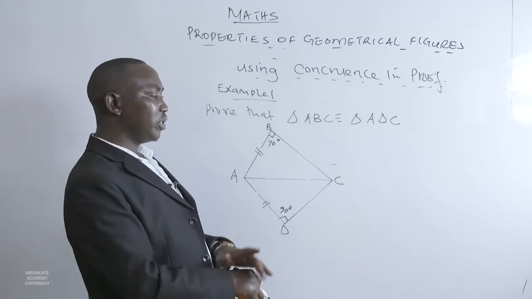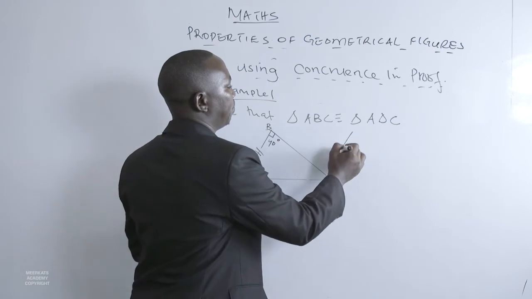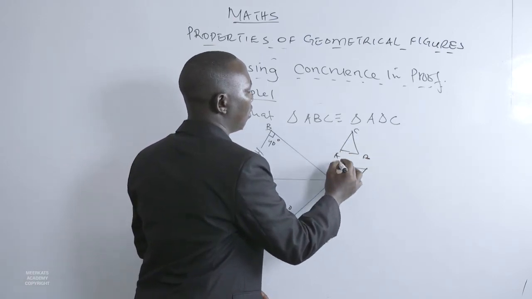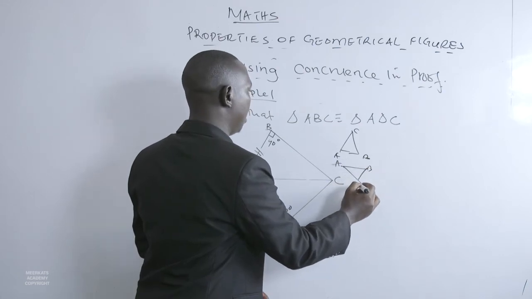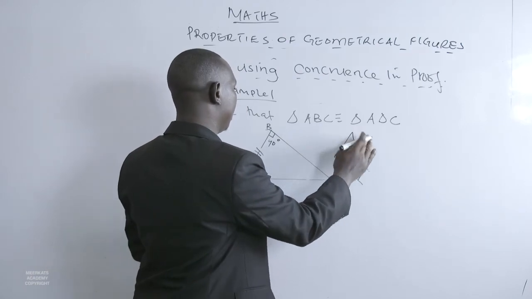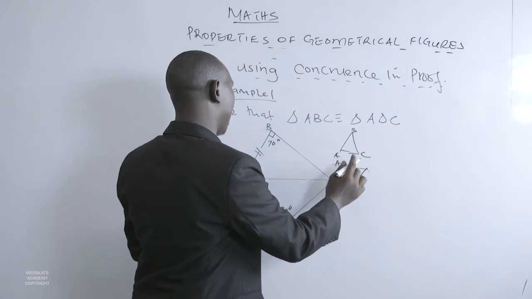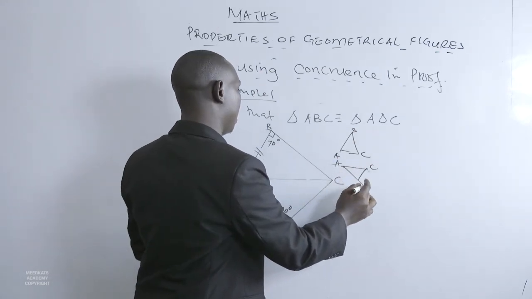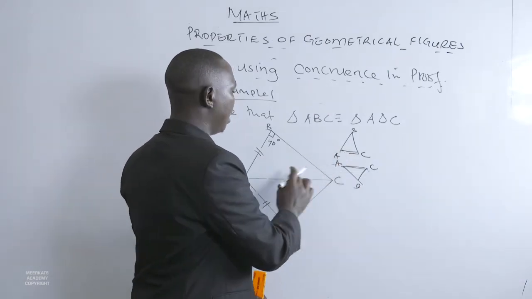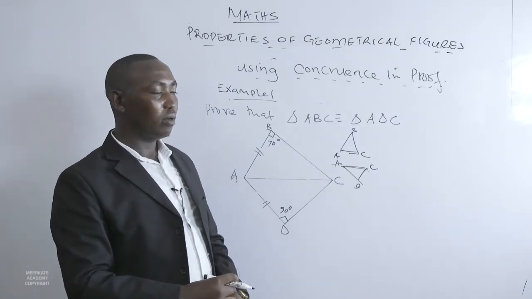Now whenever you look at AC, we have triangle ABC and triangle ADC. If you look at this and this, it's one line that is being shared by the two triangles. What can it tell you?